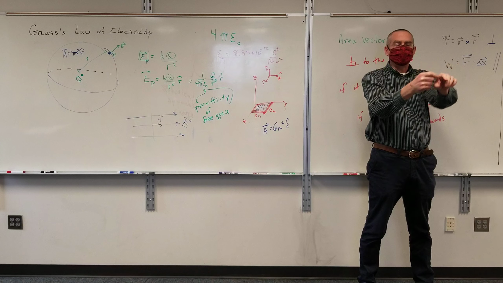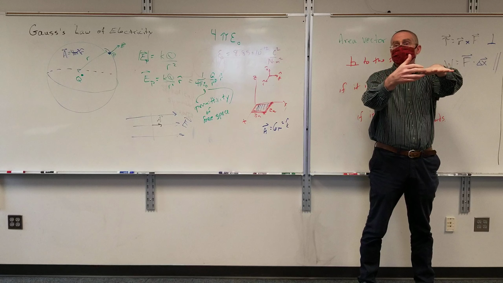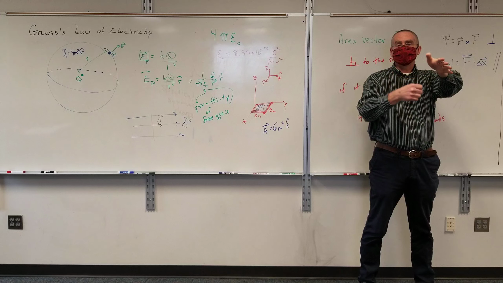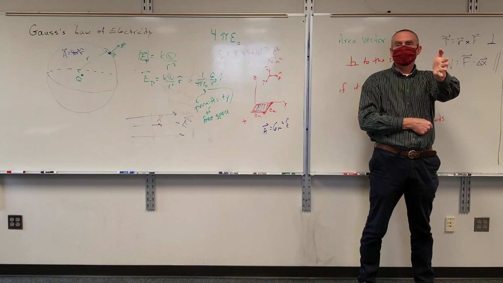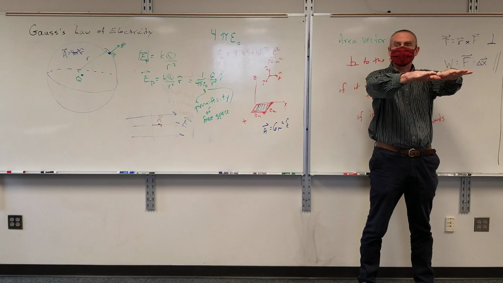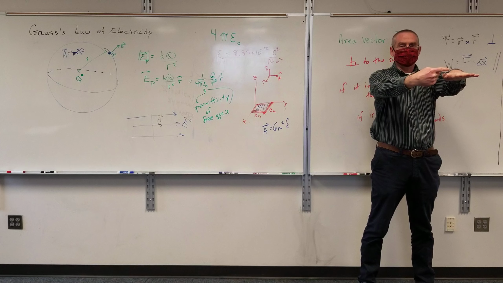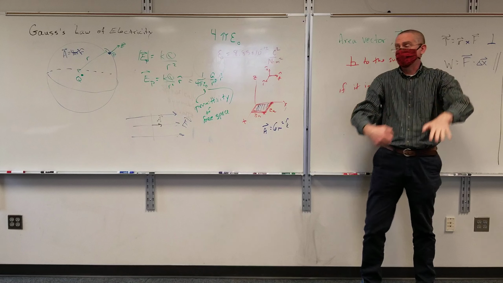So when my paper is like this, I get 0 when I multiply. When it's like this, I get my maximum amount. So we're not doing a cross product, because when my paper's flat, I want to get 0 if my electric field's going that way. So we use the dot product. Yes. That's ultimately where I was going on that.